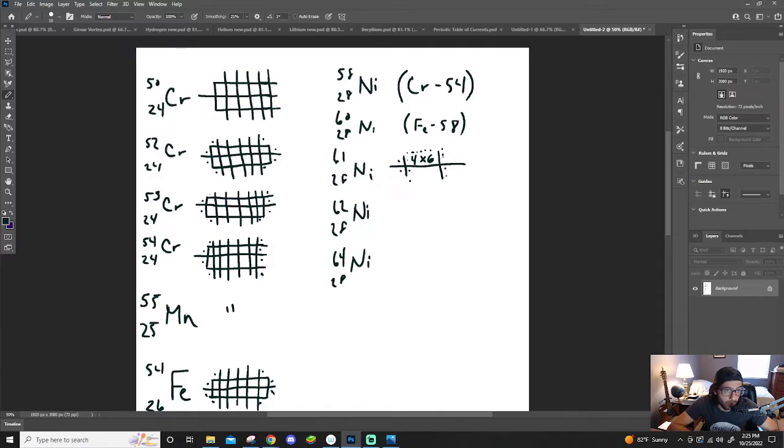And another 3. 1, 2, 3. And then this one goes right to a 4 by 8 in this region.